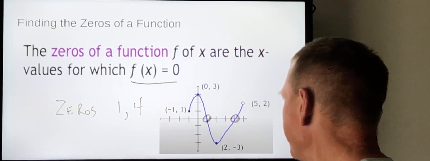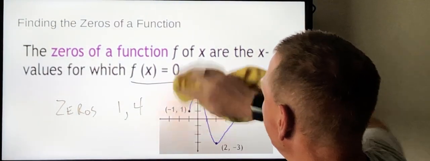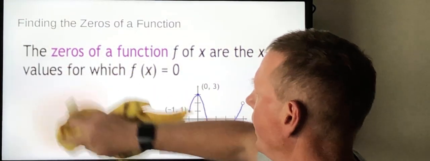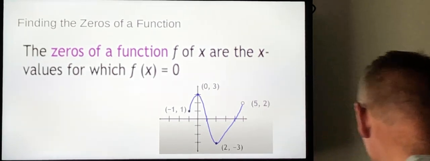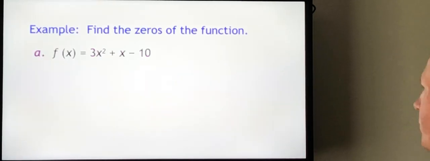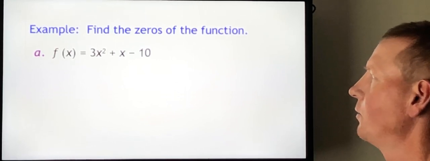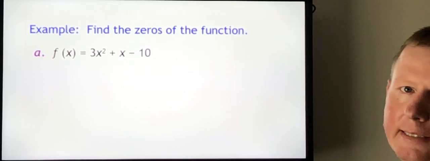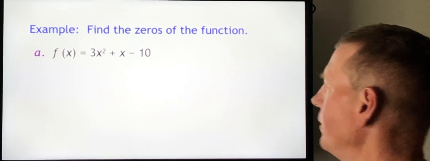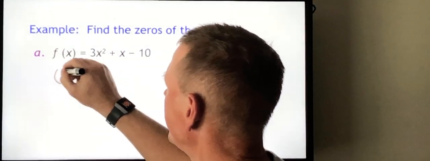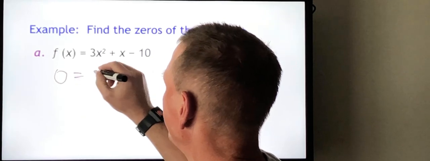Well, let's talk about what we do if we're given the equation algebraically. How do we find the zeros? Here in this example, we've got f of x equals 3x squared plus x minus 10. To find these zeros, we're going to put in 0 for y, or f of x.